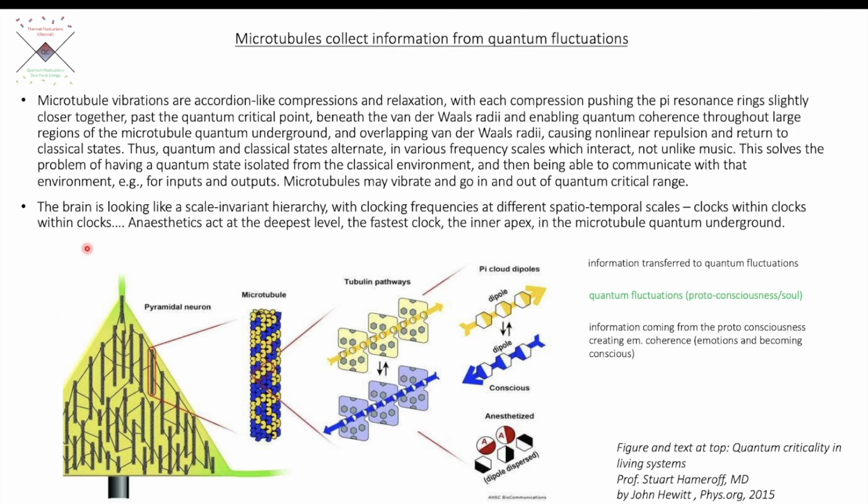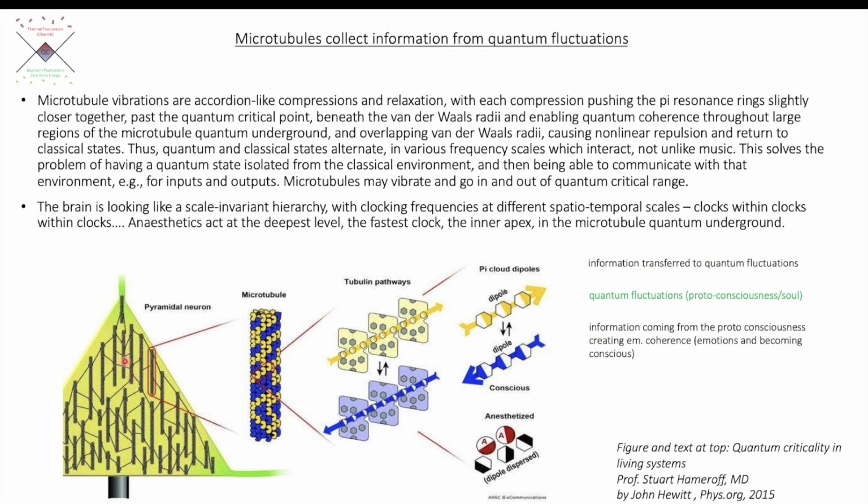Now, just for an explanation of this slide here, this whole picture on the left-hand side, the pyramidal neuron, microtubule, tubulin pathways, and pi clouds, I got this picture from a lecture given by Professor Stuart Hameroff, and the paper is called Quantum Criticality in Living Systems, and this information here on the right hand side, I wrote that.